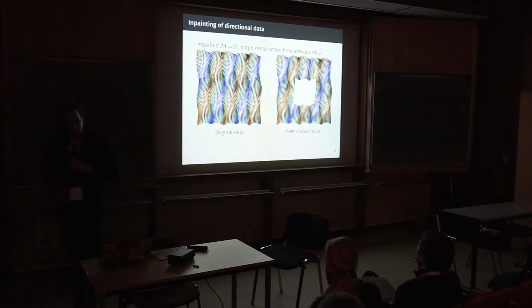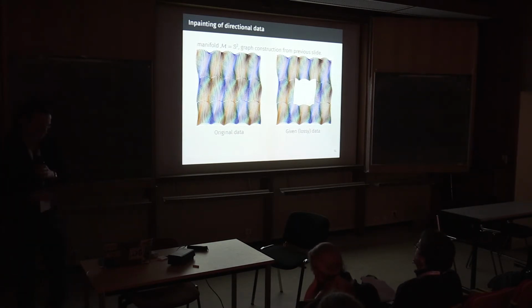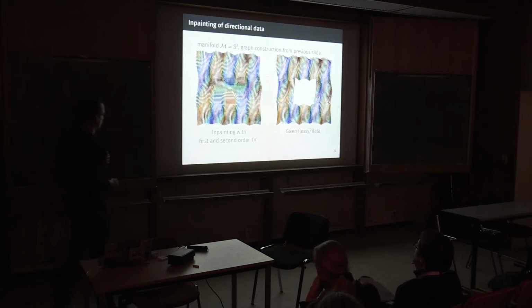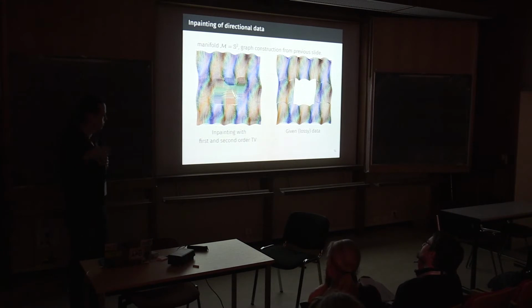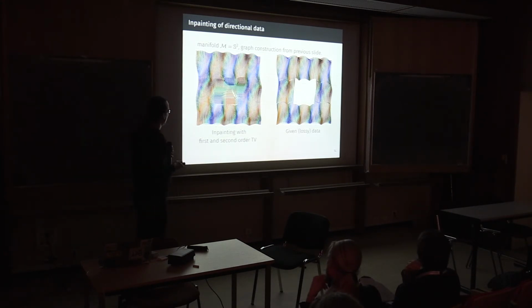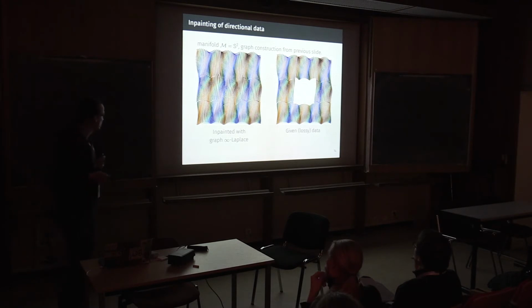And for comparison, we just had the second order difference. You can use that to do first and second order total variation inpainting. It looks like this. So it prefers piecewise constant and piecewise geodesic continuation, which is this. And then I did the graph infinity Laplacian computation and sent this picture to Daniel, and he asked me, did you just send me the original?